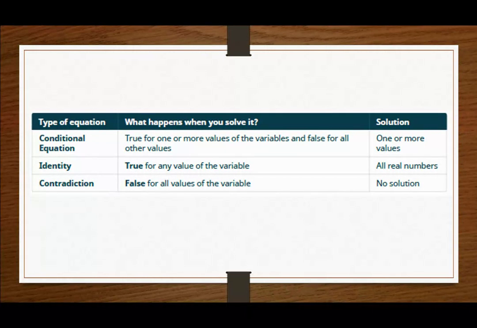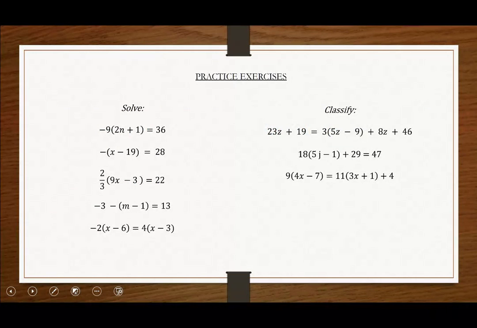The identity is where all numbers are a solution, and the contradiction is where no solution exists. So be on the lookout for these different types of equations as we run through this section and through your homework. What I'd like for you to do is to consider taking a moment and see if you can answer these additional practice problems here at the end.